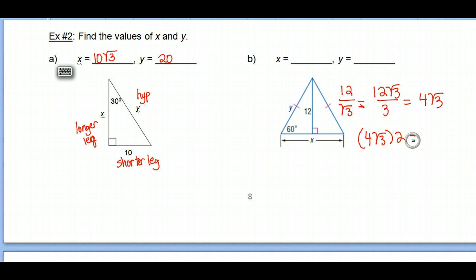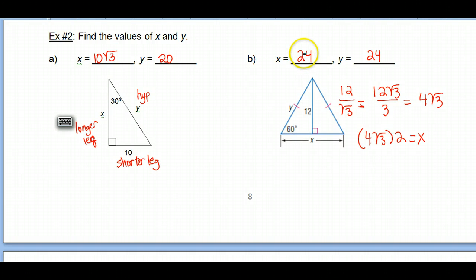Okay, the longer leg is 12. So what was the relationship between the longer leg and the shorter leg here, which I'm not even asking for? I'm confused about how she got to 24. Because you're not looking for just this part, you're looking for the whole thing. Is it 8 root 3?